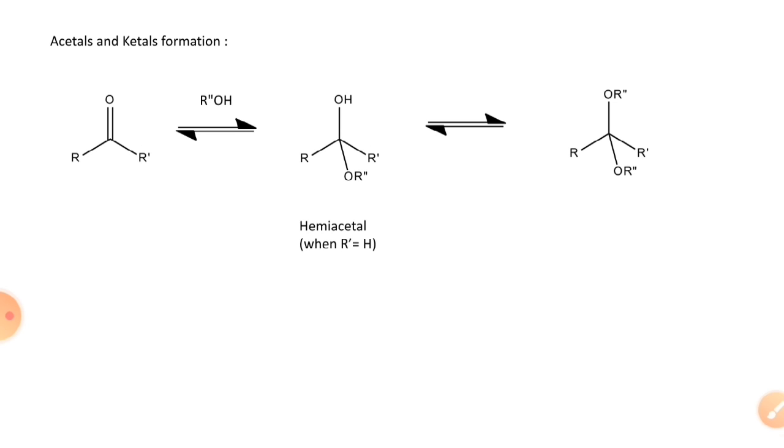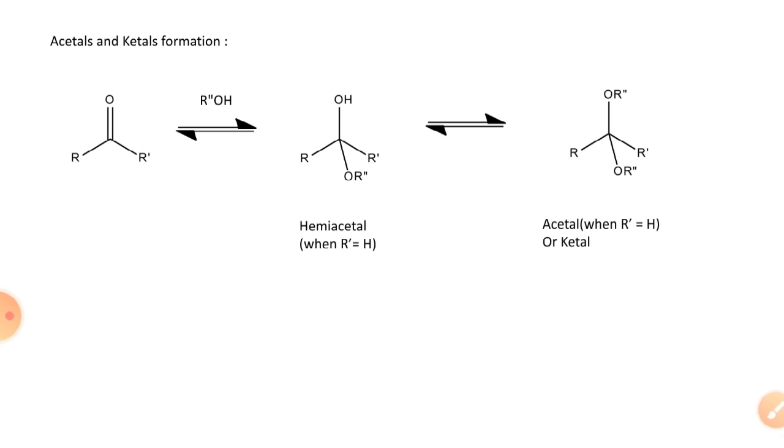When the substrate is aldehyde and after reacting with alcohol, one OR double prime group and one OH group is present, then we can call it a hemiacetal compound. If the initial substrate was not an aldehyde, if the initial substrate was a ketone, then we will call it ketal.